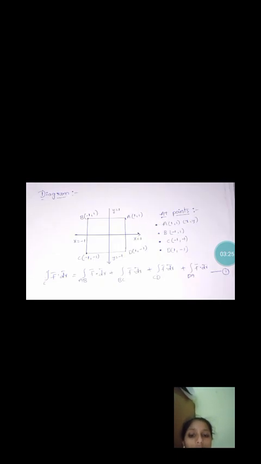Here y is equal to 1, and differentiating y equal to 1, dy is equal to 0, with limits x from 1 to minus 1. So the integration over AB of F bar dot dr bar has x from 1 to minus 1, y equal to 1 and dy equal to 0, so the dy term is 0. In the dx term, y is equal to 1.